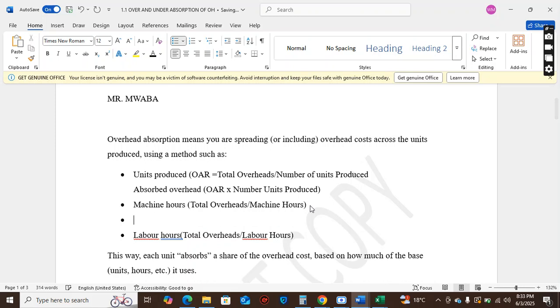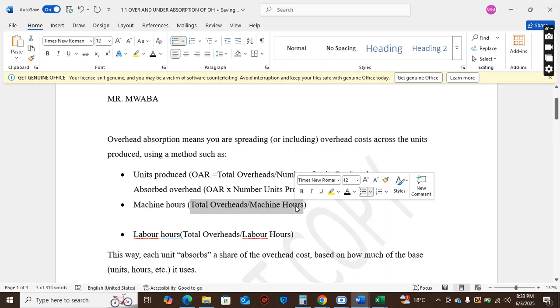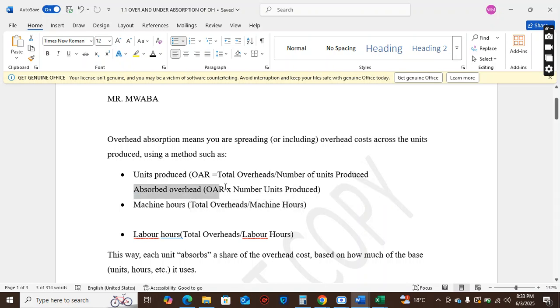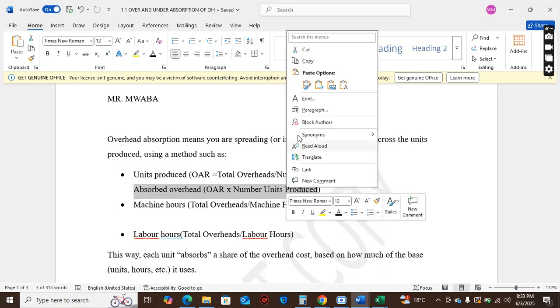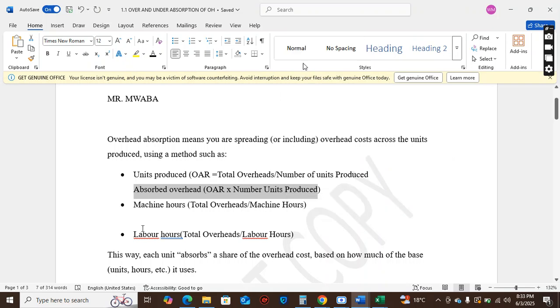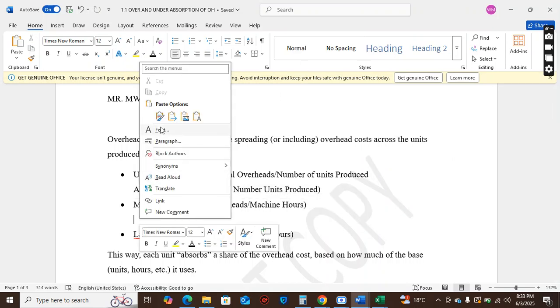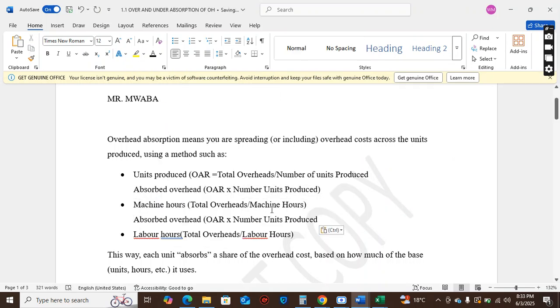If you use machine hours, when you do total overheads divided by machine hours, that's your overhead absorption rate, or that's your fixed overhead cost per unit. So how you get your absorbed overhead: overhead absorption rate times machine hours.